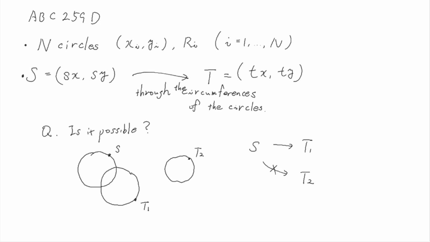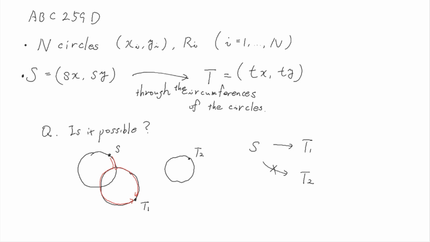So for example, if S is here, T1 is here, and T2 is here, then you can move from S to T1 like this way, or this way.